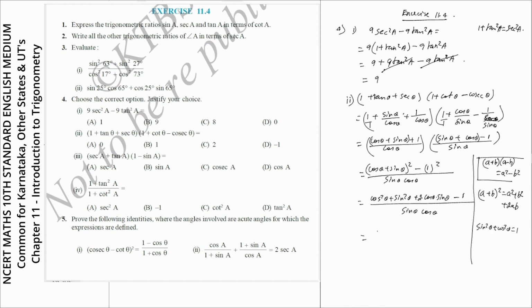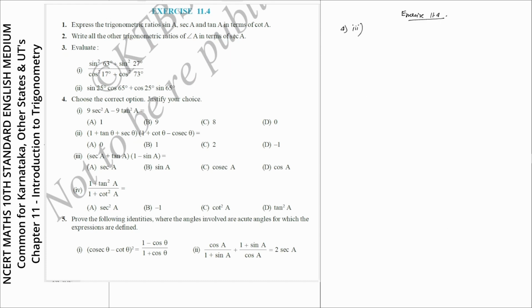Therefore this term will become 1. So 1 plus 2 into cos theta sin theta minus 1 by sin theta cos theta. So plus 1 minus 1 will get cancelled. I am left with 2 cos theta sin theta by sin theta cos theta. So sin theta cos theta will get cancelled. I will be left with 2. So the third option, option C, is correct.